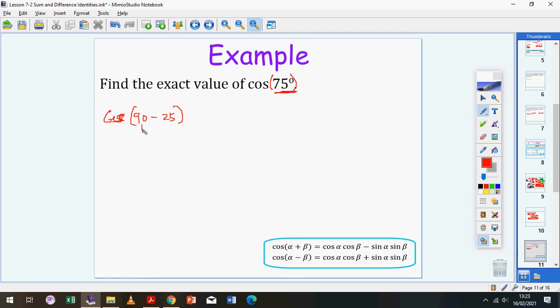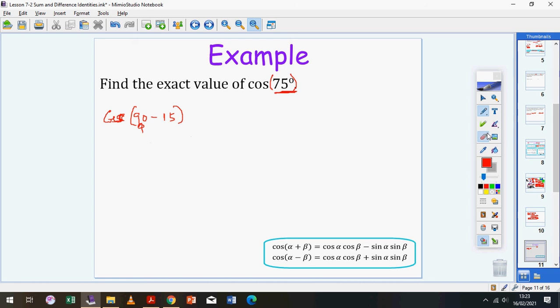Not 25. It is 15, right? 90 minus 15, yes. I know the ratios for 90, but I don't know the ratios for 15. So this kind of notation or representation would not help me. I need to use angles whose ratios I know.